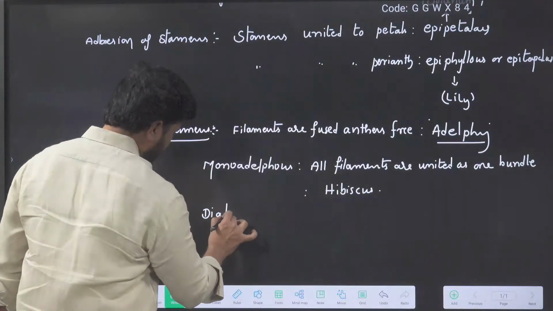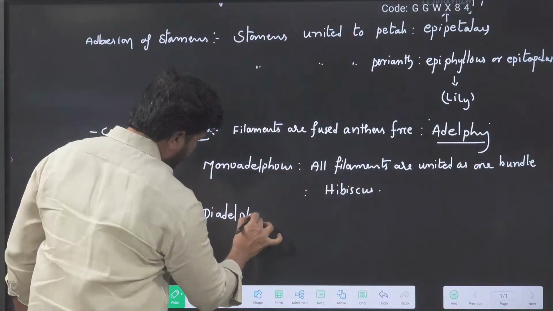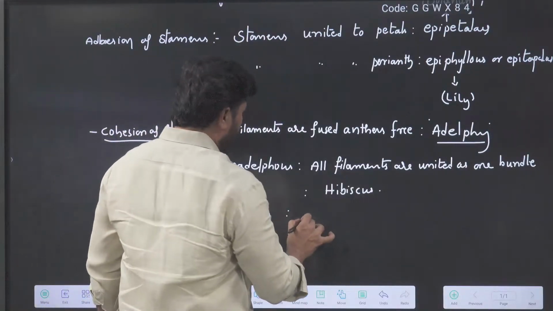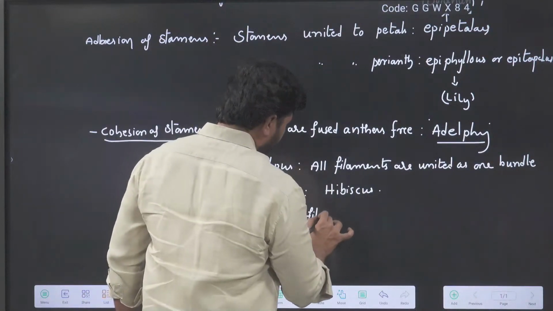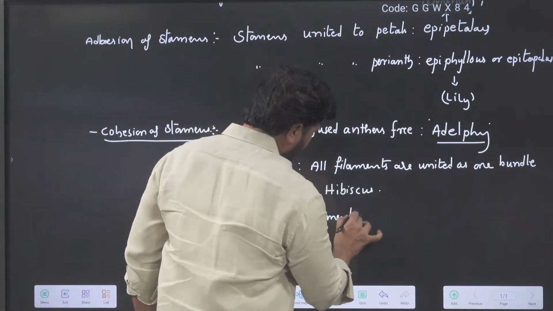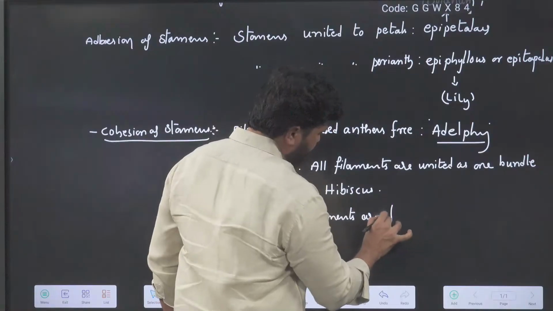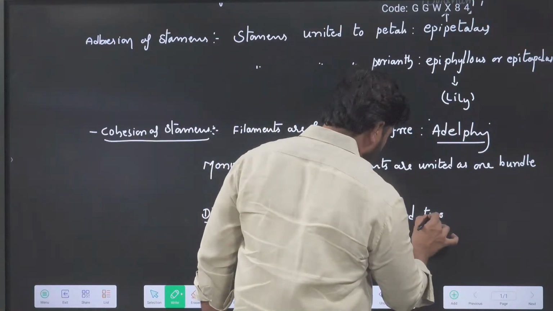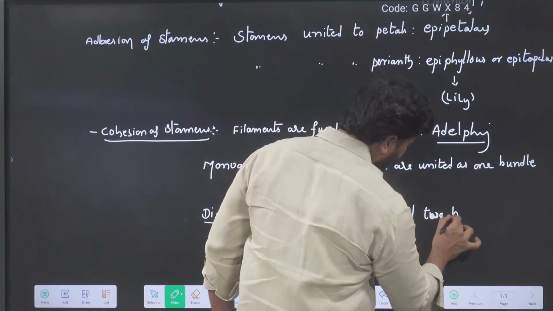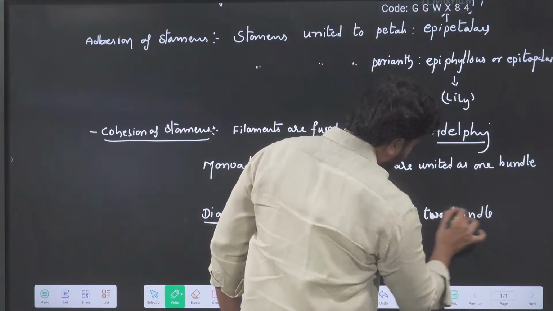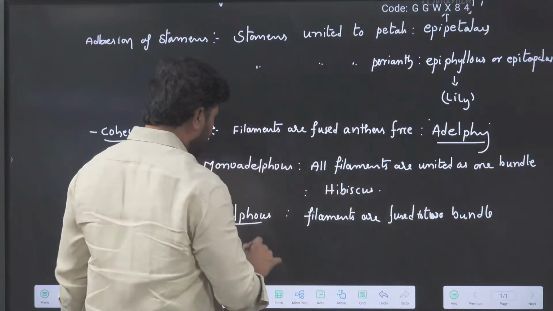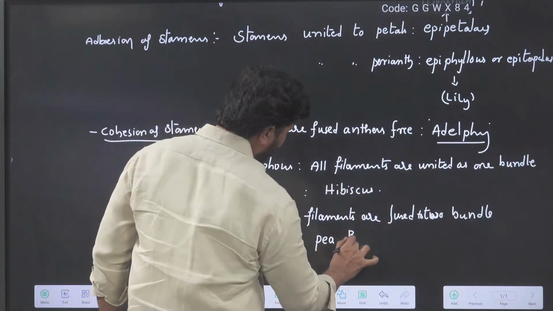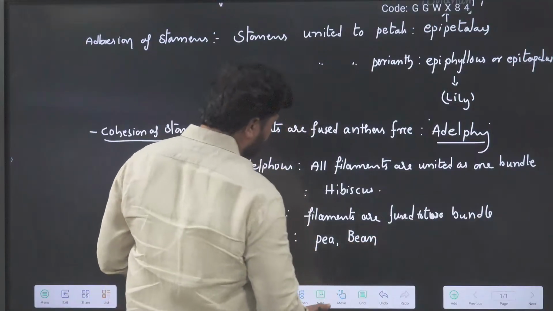Diadelphous. What do you mean by diadelphous? Here, filaments are fused into two bundles. This is exactly identified in the Fabaceae family, pea and bean.